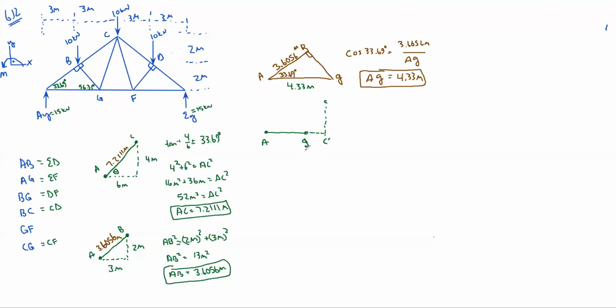I needed to know the distance between G and C prime. I know AG is 4.33 meters. I know from A to C prime is 6 meters. So 6 meters minus 4.33 meters is equal to 1.67 meters. So that's right here.